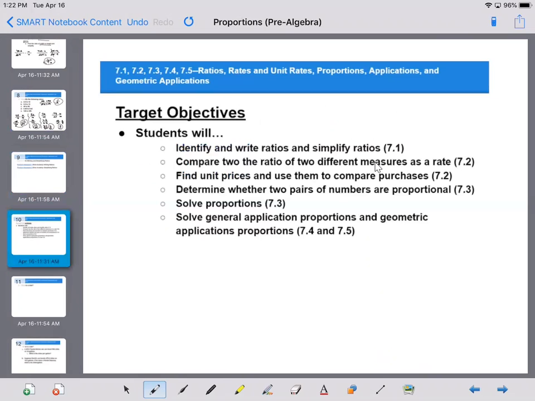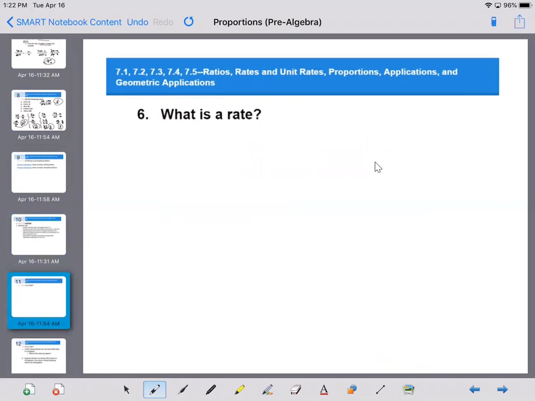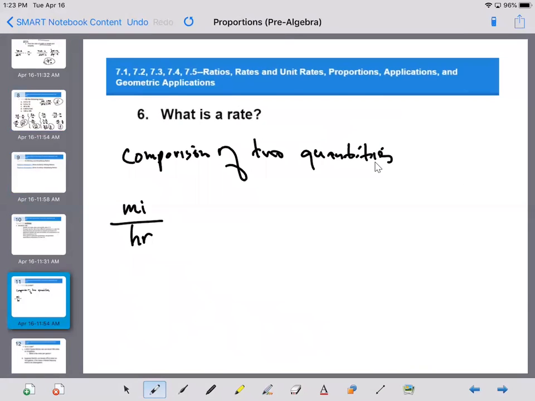Next objective, we want to look at rates, okay? A rate is just a comparison of two quantities. For instance, miles per hour, that's a rate.